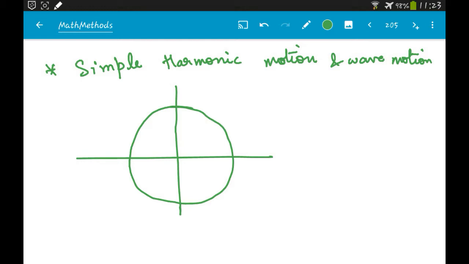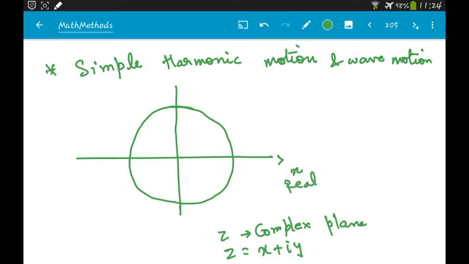Let's say this is my circle, and this is the Z or the complex plane, so Z is equal to x plus iy. This is your x, the real axis, and this is y, your imaginary axis.